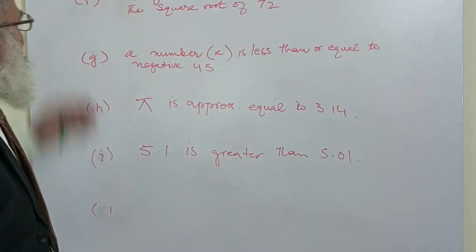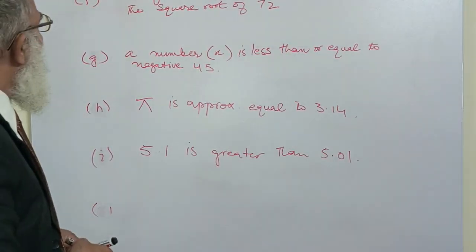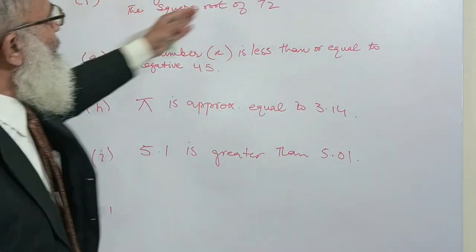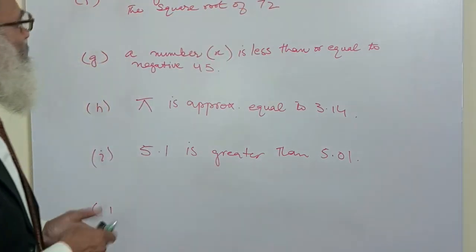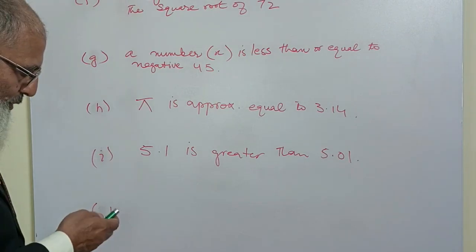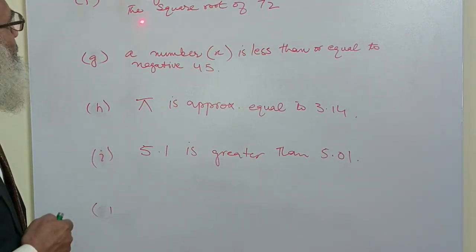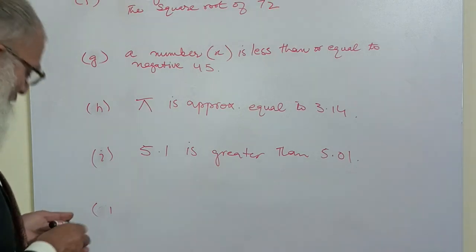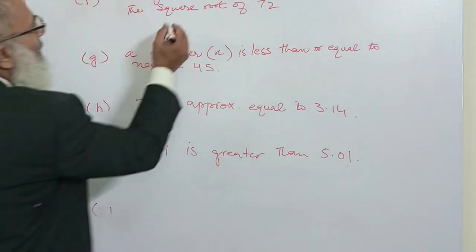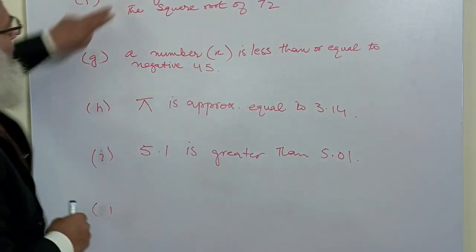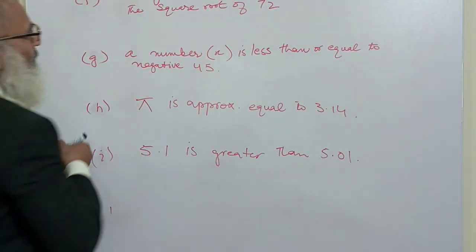Next questions. Well, students, some more questions. The number x equals the square root of 72. Now we write it. First of all, I taught you the symbol for therefore.